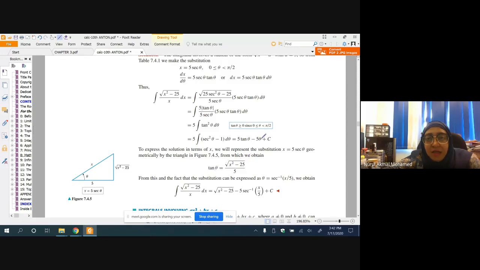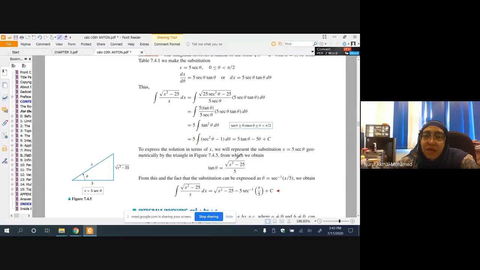Another way is, what is your theta? If you use this substitution, then it will give you theta equal to secant inverse of x divided by 5, which is what is given here.